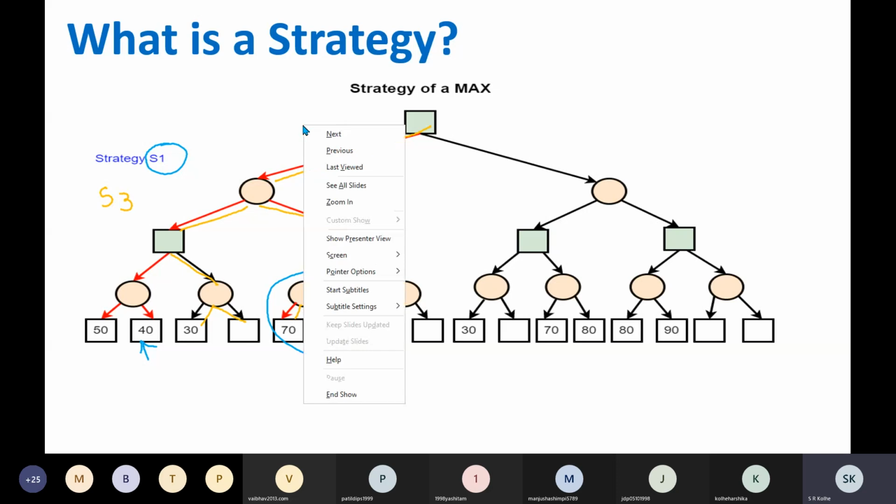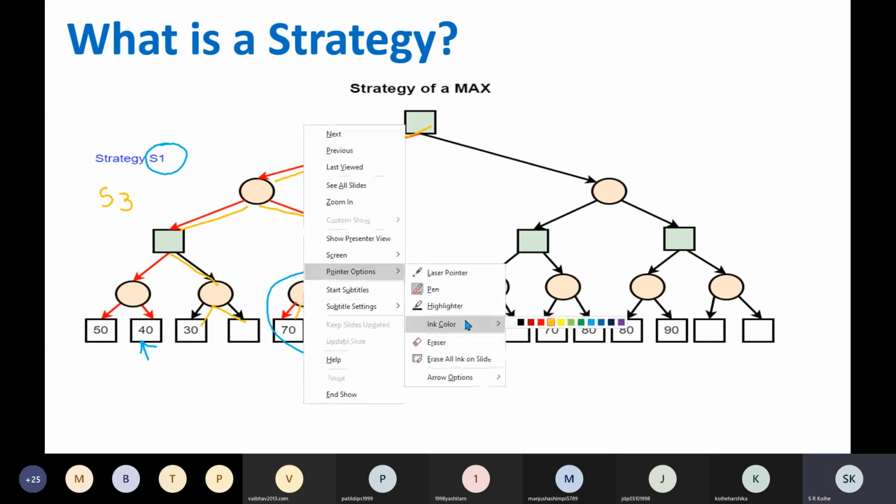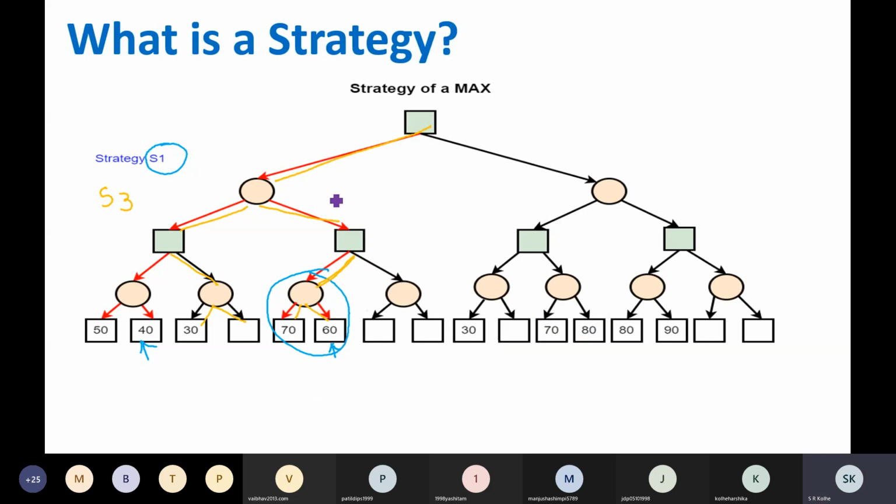There is one more option. I will use some other color, purple color. For the same situation, if max has selected this right one, instead of selecting this option for min, another option from min, this left one, max can select the right one also in this way.